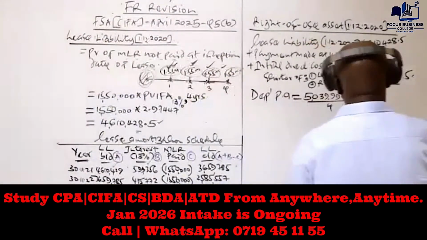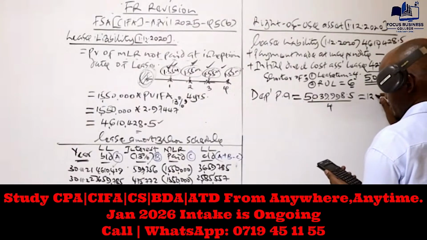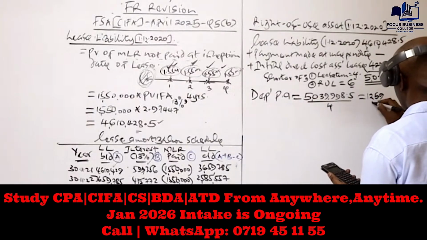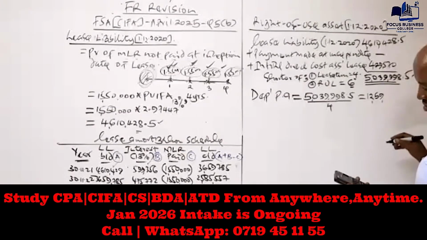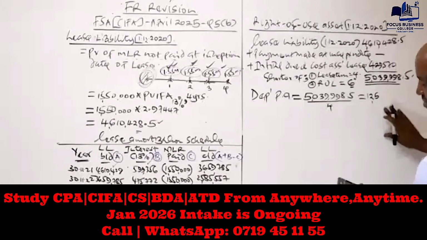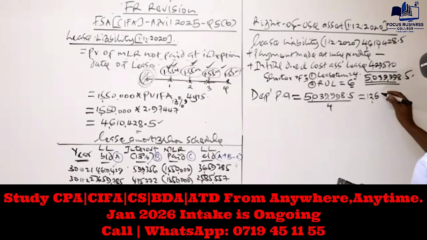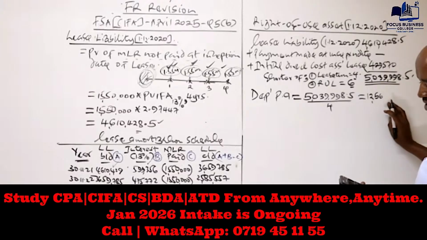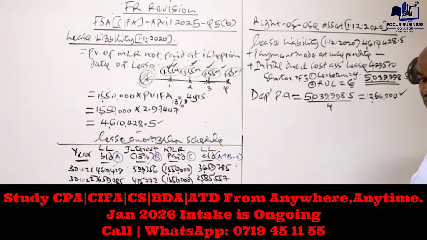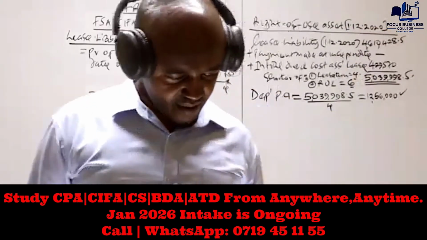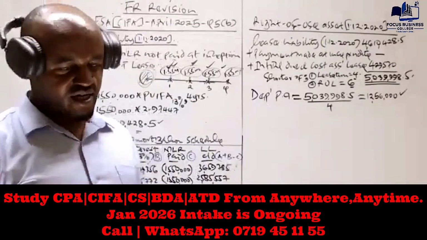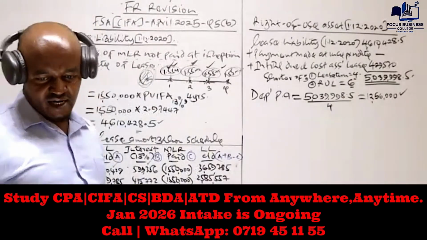This will give us depreciation of 12,59, which to the nearest whole number should be 1260. Yes, 1260, to the nearest whole number.